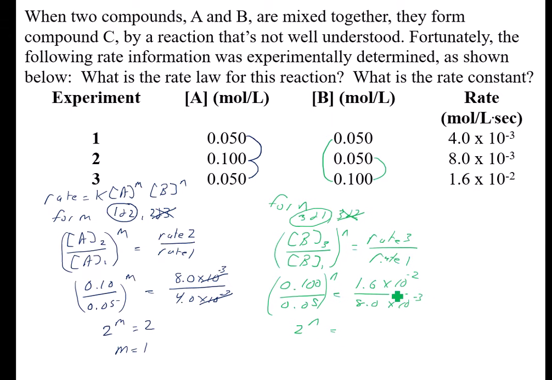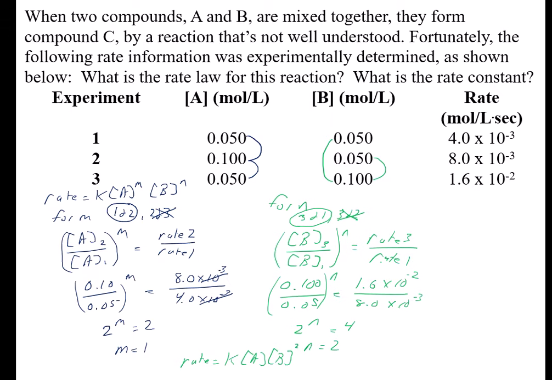I have 1.6 times 10 to the minus 2 divided by 8.0 times 10 to the minus 3, which is 4. So N this time is 2. So my rate law is equal to K times concentration of A times the concentration of B squared.